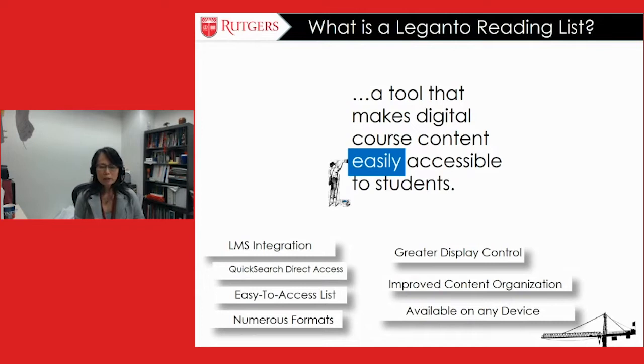There are other good things about this tool. For instance, it offers faculty greater control over display and organization of content, and also allows students to access the reading list from any device.